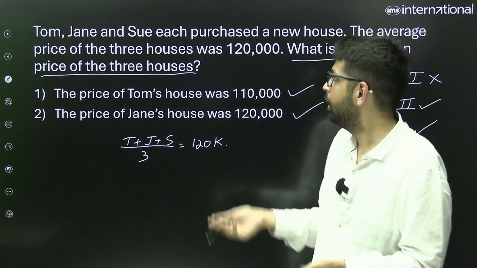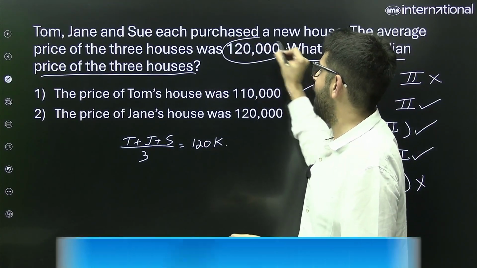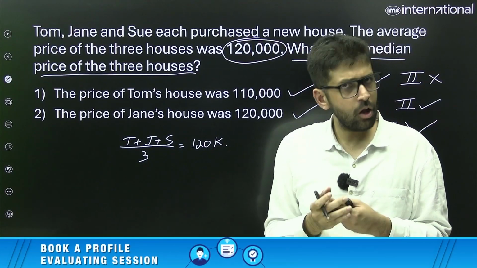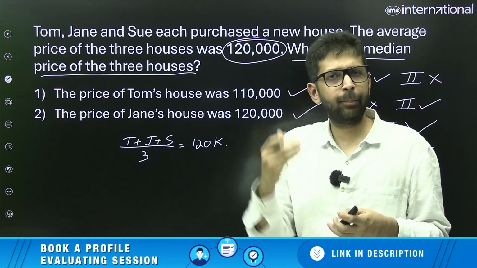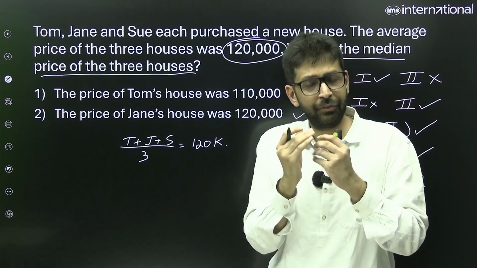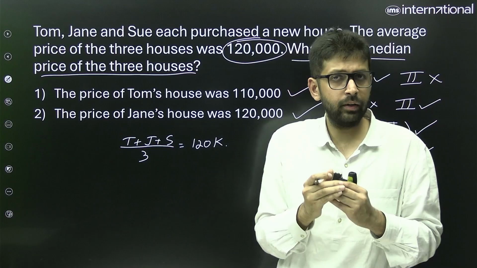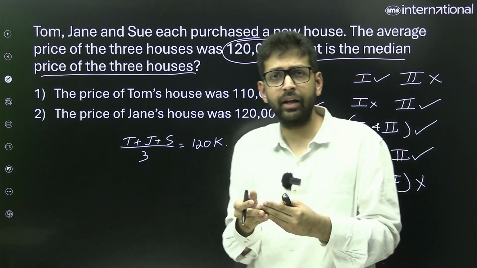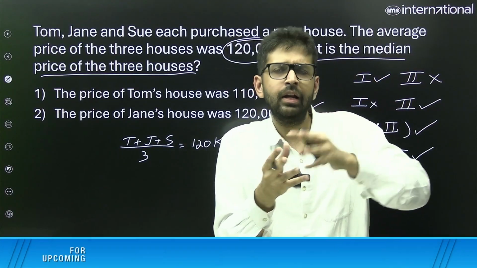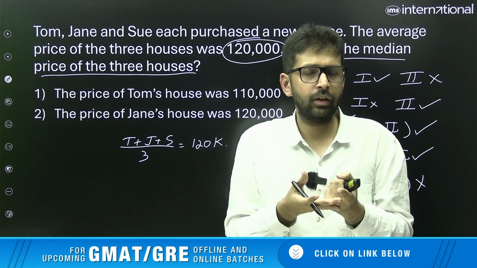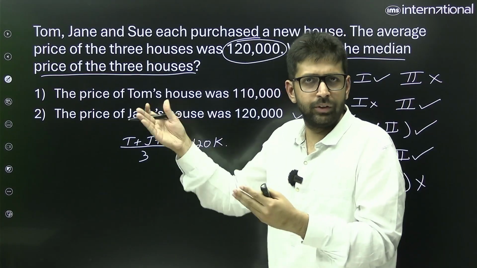What was my common data? That the average price was 120K. Now let's look at both the statements, and we will look at them individually. Again, many people make the error of combining both the statements if the first statement was not sufficient.